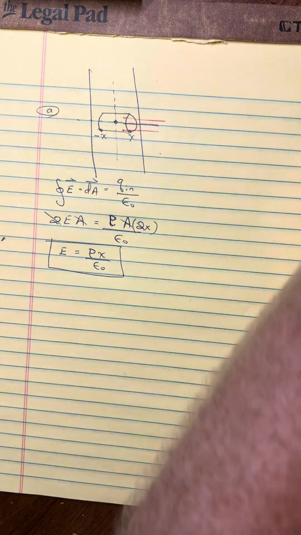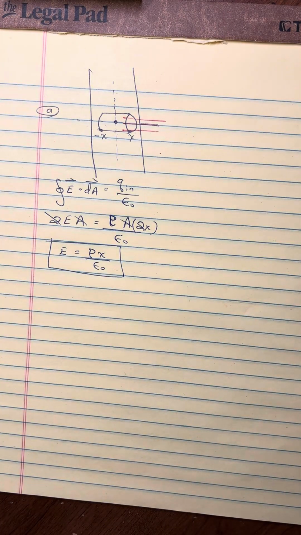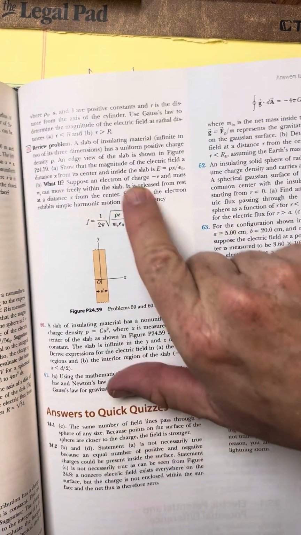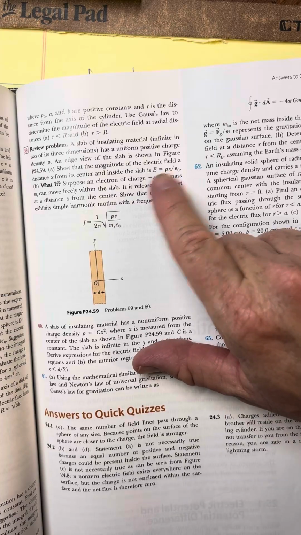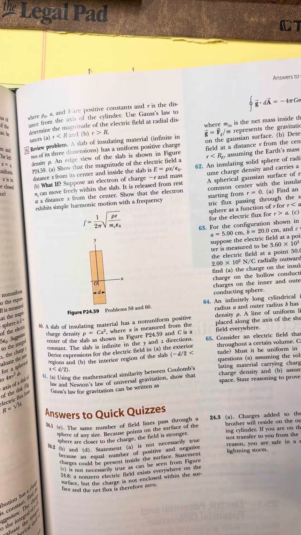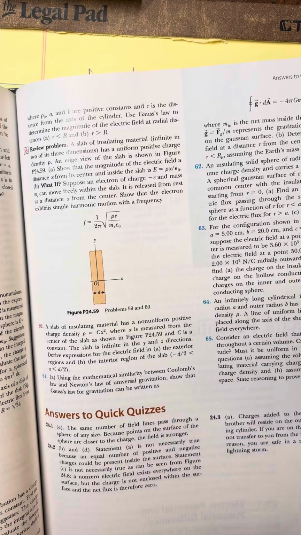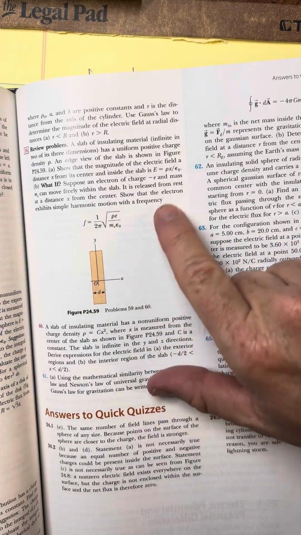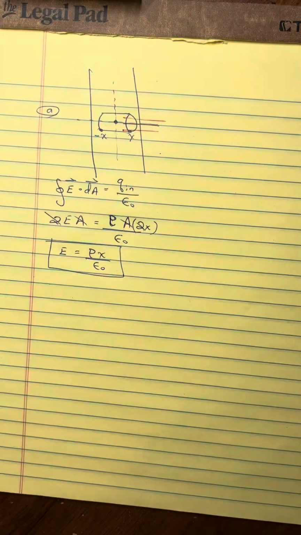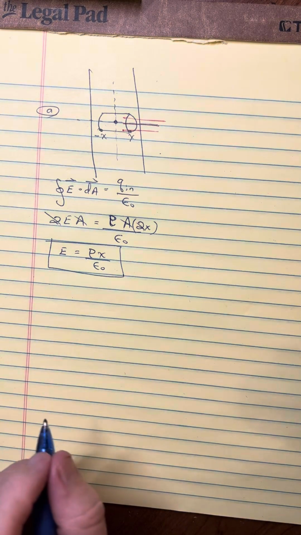Which I do believe, if you were doing some extra homework problems and you got to this one, it even says show that this is true. This is part A of the problem. And then it goes to some other stuff that's much harder, so we didn't do that for the test. But it does have that first part, the Gaussian surface.